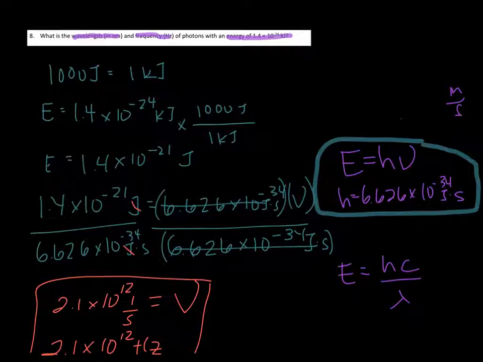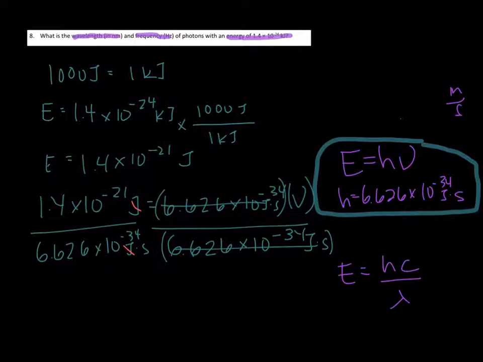All right, so now we have frequency, and we have to find wavelength. In order to do that, I can either use this equation right here with the energy value that was given to me in the problem, or I can use this equation right here.